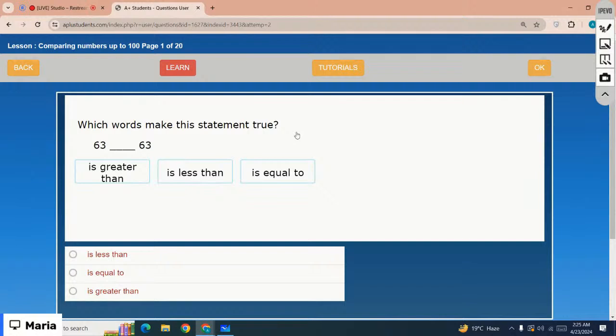Which words make the statement true? 63 and 63, which is the correct option?